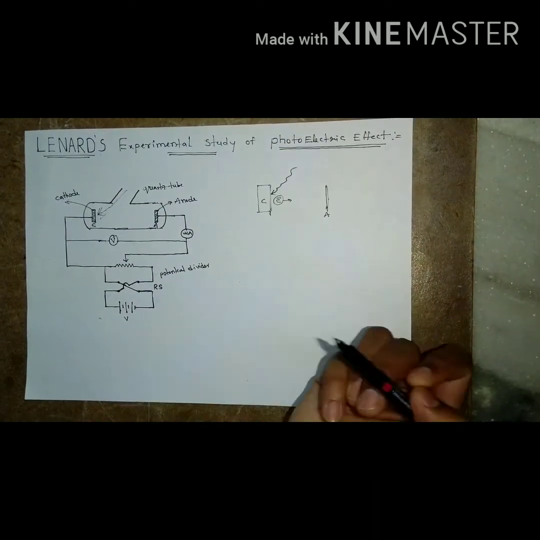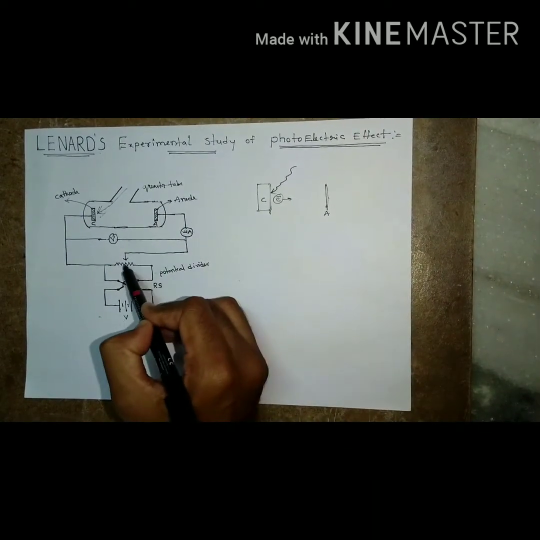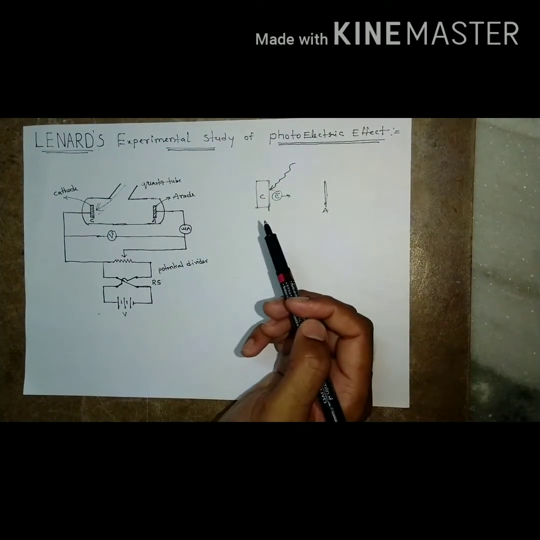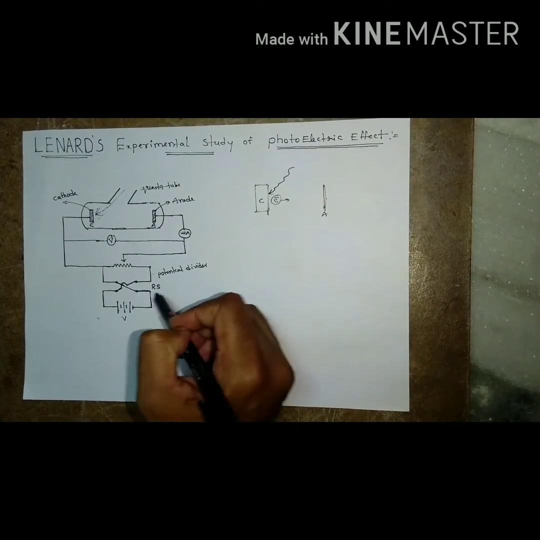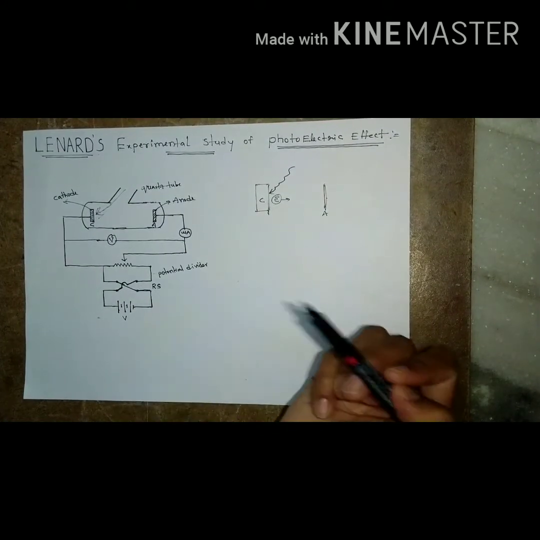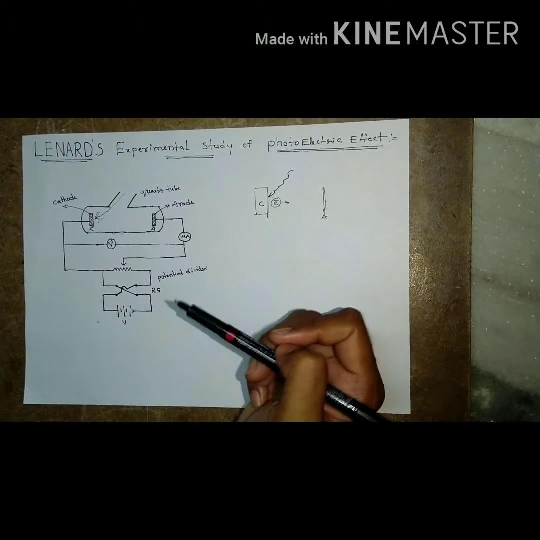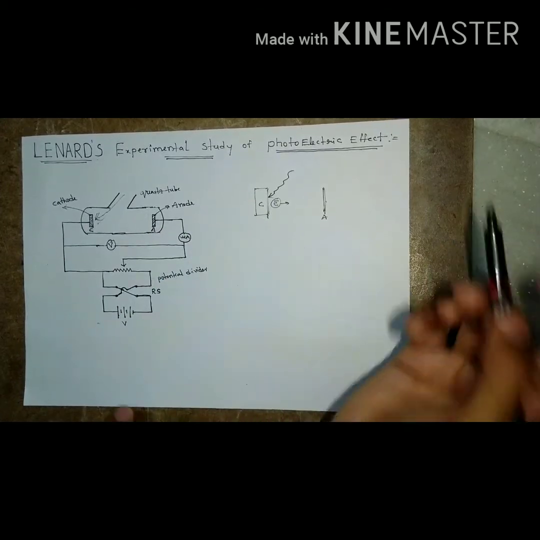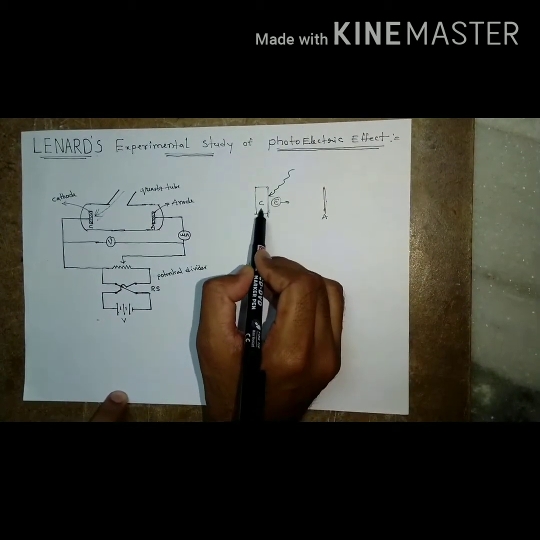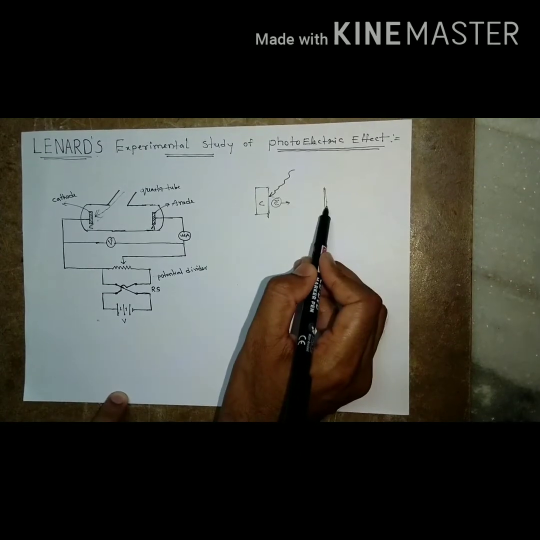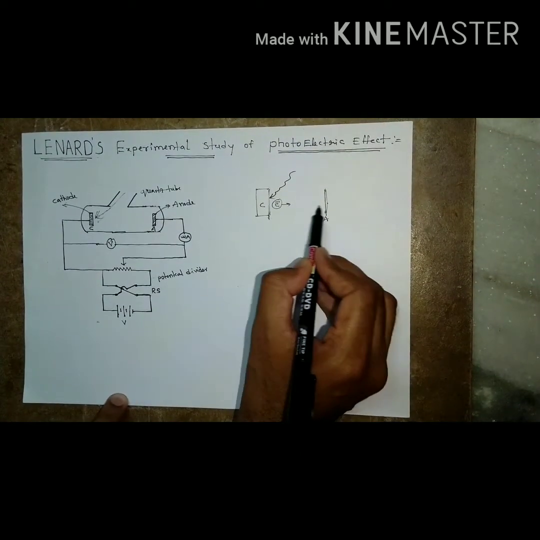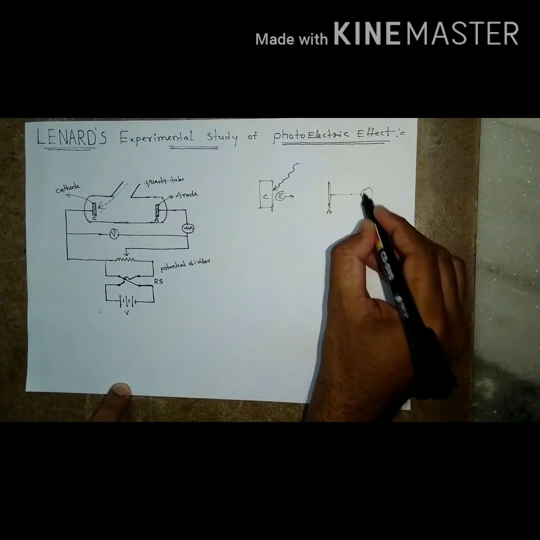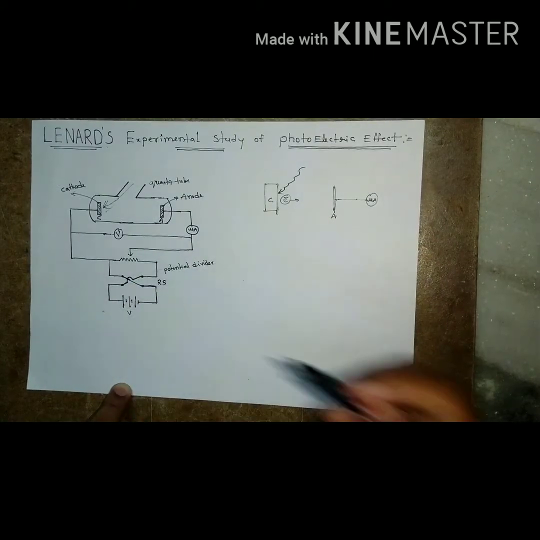Now this is the potential divider. The anode can be connected positive or negative with respect to the cathode. This RS is the reversing switch. First of all, there is no potential difference applied across the anode. When suitable light is incident on the cathode plate, electrons are released and reach the anode, so the current passing through can be measured with this ammeter.